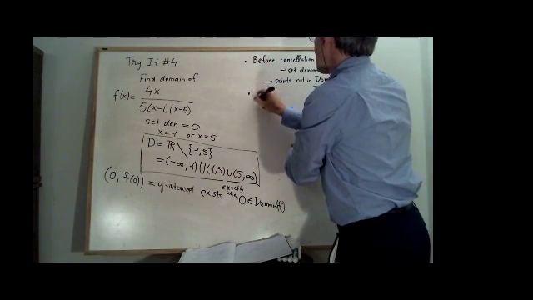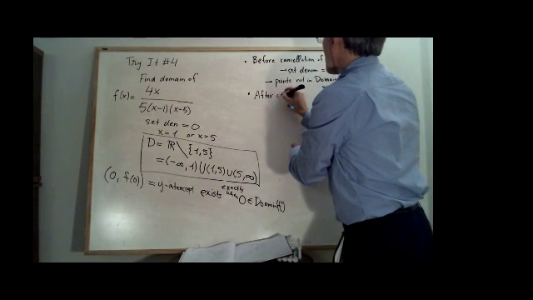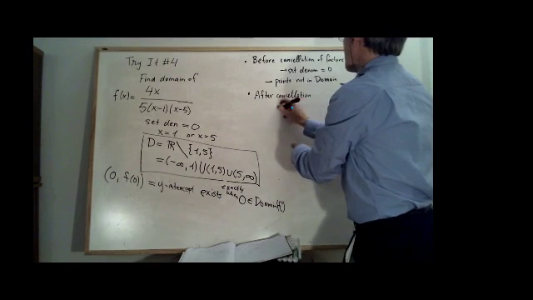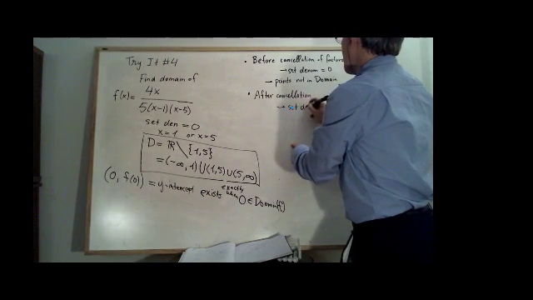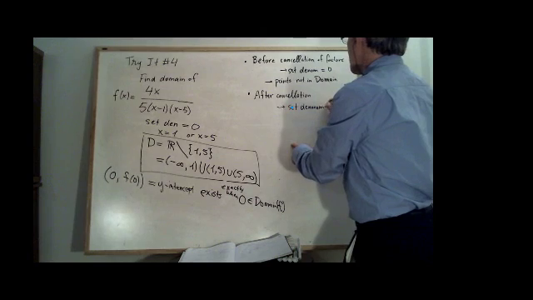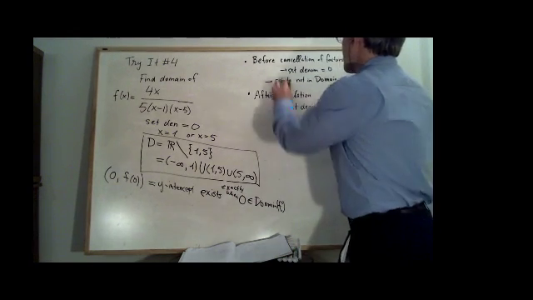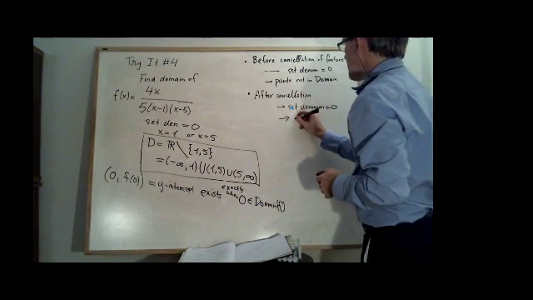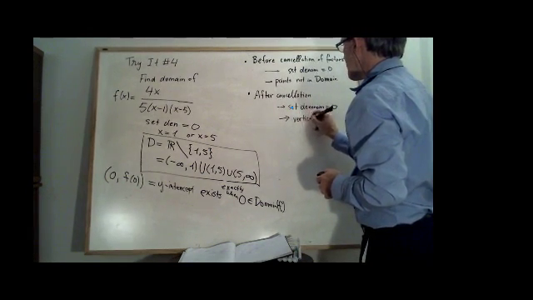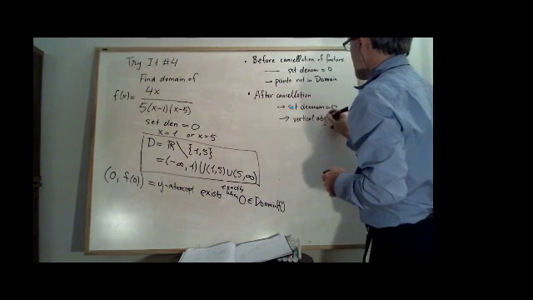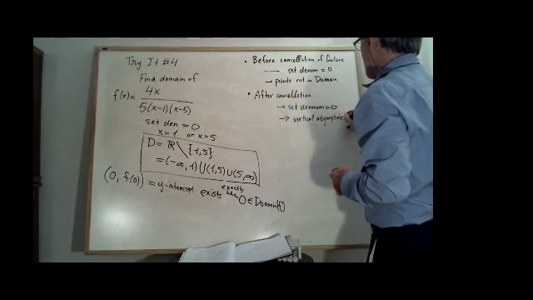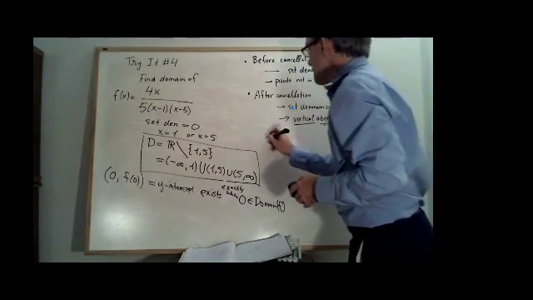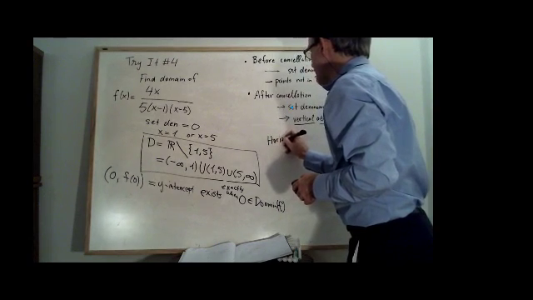And then after cancellation, again set the denominator equal to 0, and you get the vertical asymptotes. How about the horizontal asymptotes? Let's look at that.